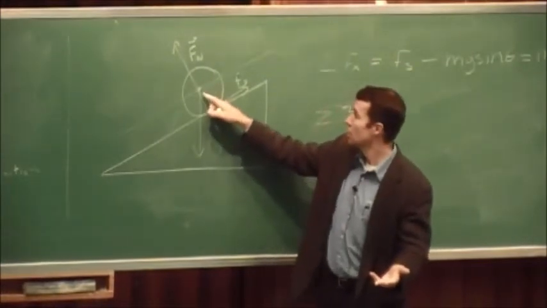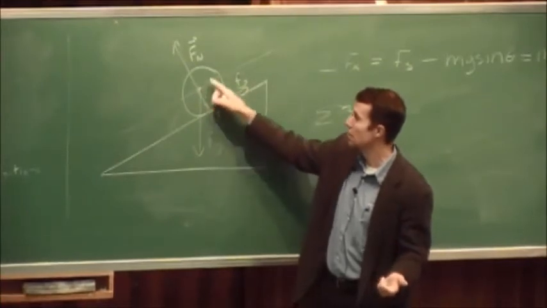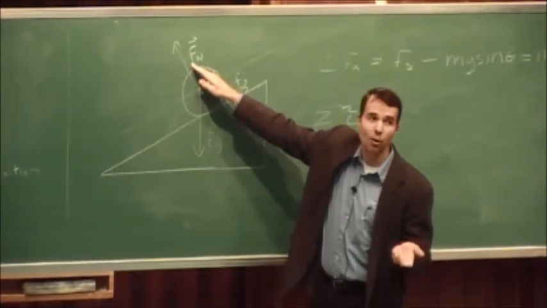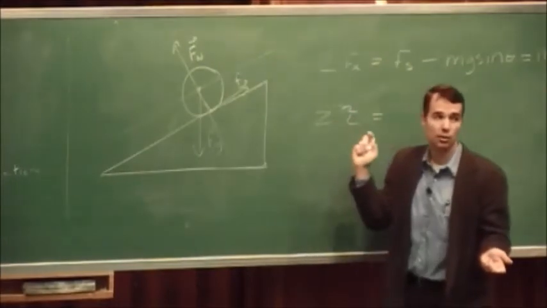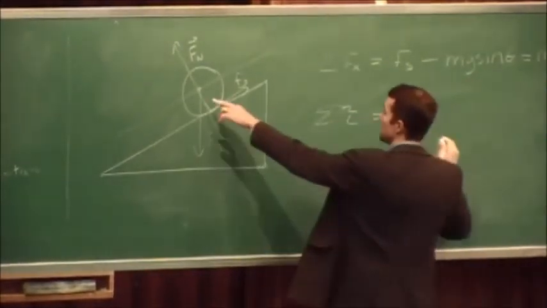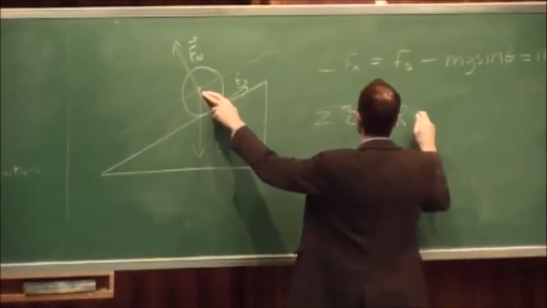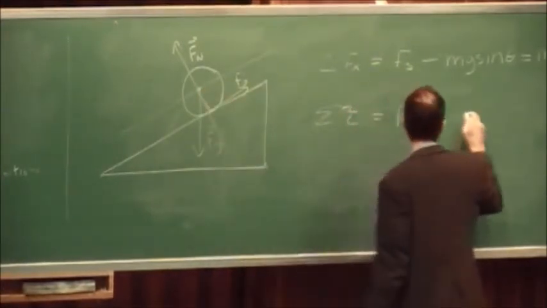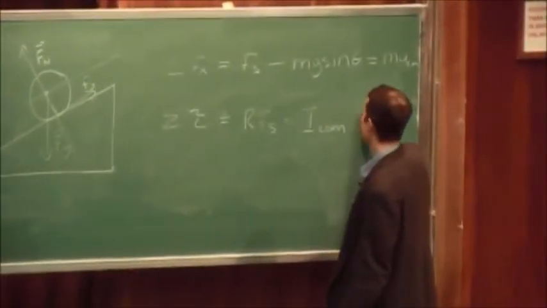So what we want to find is all of the forces that are perpendicular to the radius. Neither gravity nor the normal force has any component perpendicular to the radius. Only the force of static friction does. And so the radius, r, times the static friction, F_s, is equal to I center of mass times alpha.